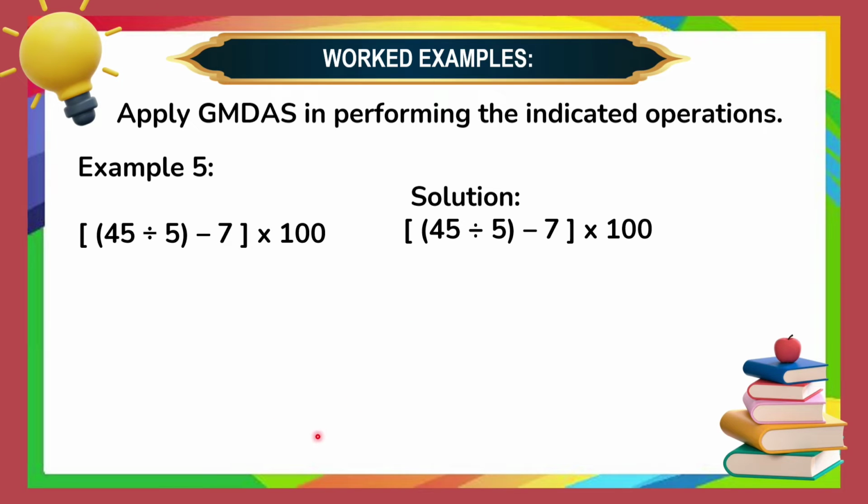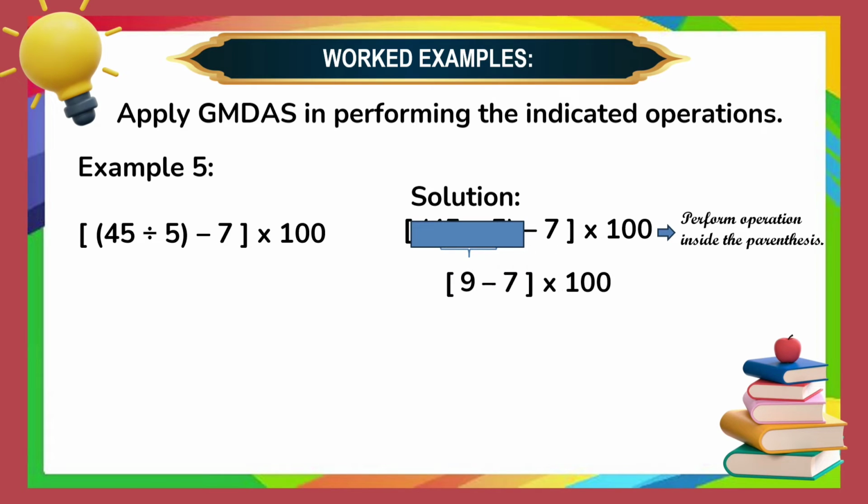Okay, so 45 divided by 5, the answer is 9. And then bring down the rest of the digits. So we still have the bracket. So we need to do the operation inside the bracket. So subtraction, 9 minus 7, the answer is 2.